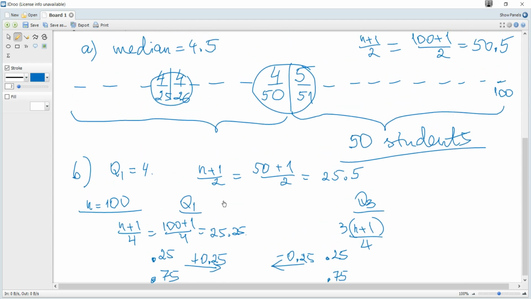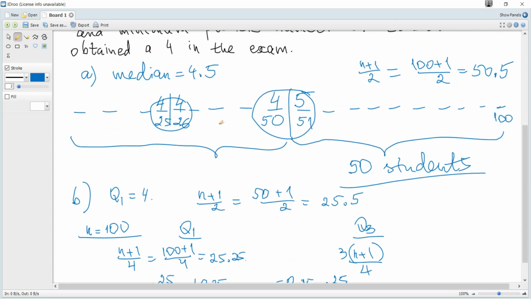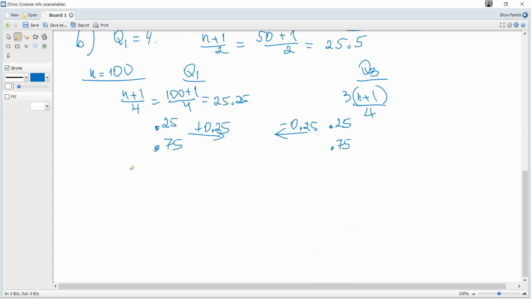And let's continue our reasoning. Since all data is in increasing order, and to keep Q1 as 4 and the median 4.5, all values from position number 26 up to position number 50 must be 4.